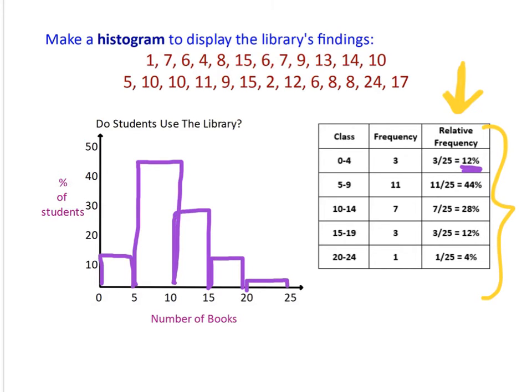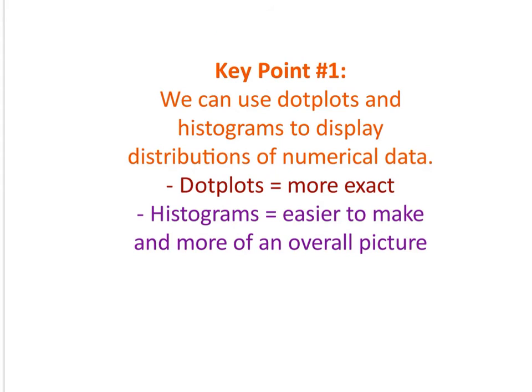Mine is rather messy, but yours, hopefully, the bars are much prettier and much nicer, but the data looks the same. You see this general curve and this general flow, the shape of the data is the same. So key point number 1, we can use box plots and histograms to display distributions of numerical data.